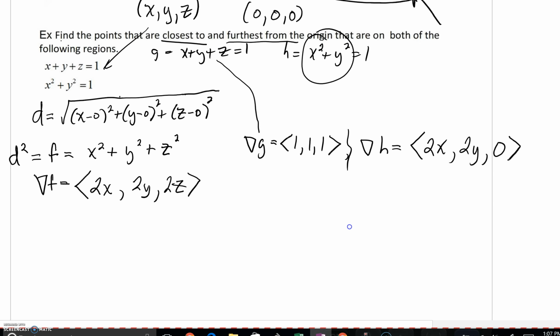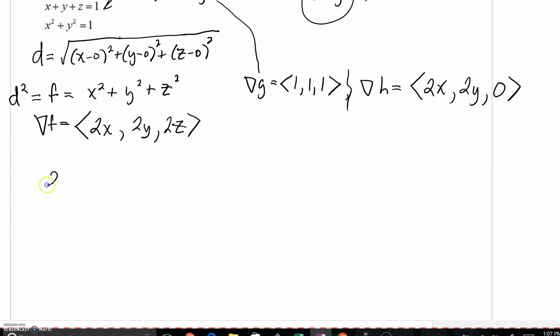So I could real quickly say, well, I'll have 2x, looking at my x component. We're going to say take lambda times the x component of g, plus then I'm going to have mu times the x component over here. That would be a 2x. So that's one of the equations in my system.